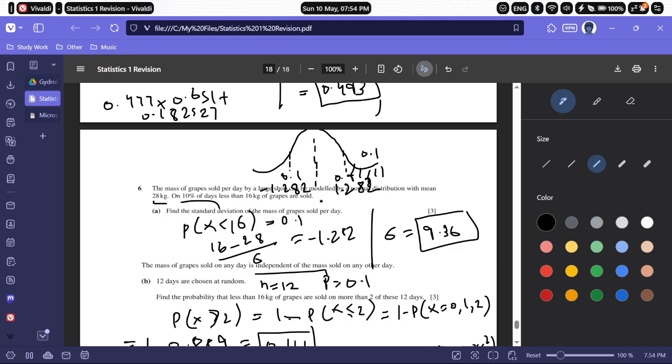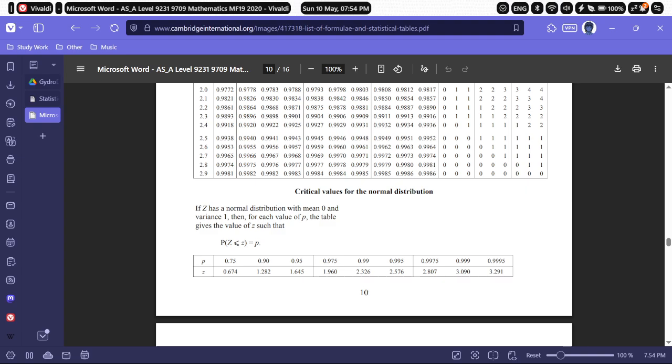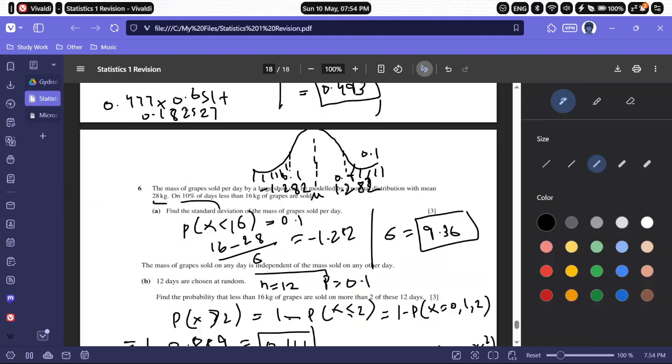So the area to the right of the 0.9 point is 0.1, and that's the same as the area to the left of the 0.1 point. These two areas are the same around the mean, which is why the z values would be like this. So the z value for 0.1 is minus 1.282 because the z value for 0.9 is 1.282. It's just using symmetry.